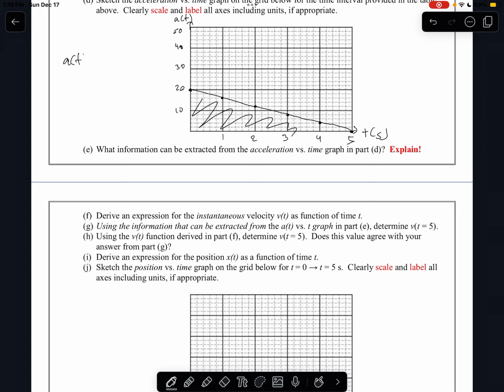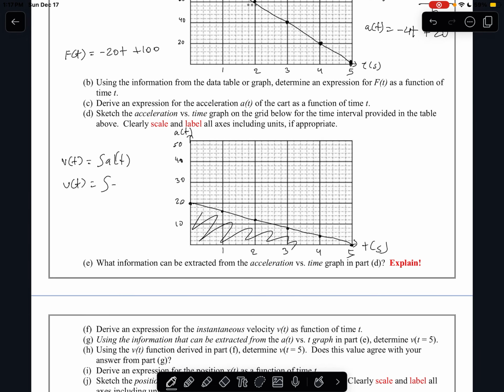So v of t equals the integral of a of t, which is the integral of negative 4t plus 20.